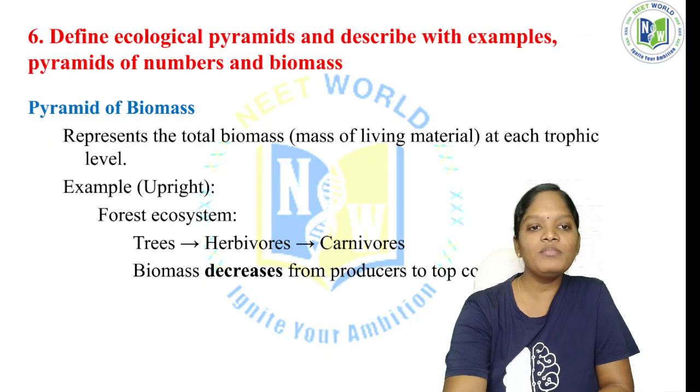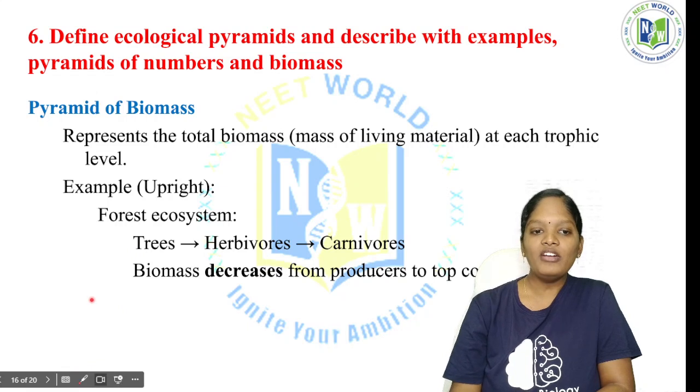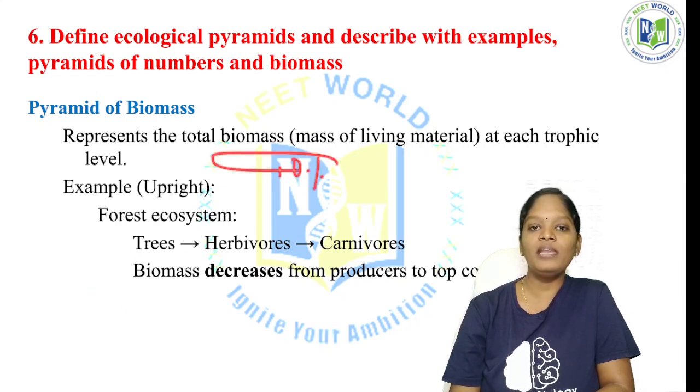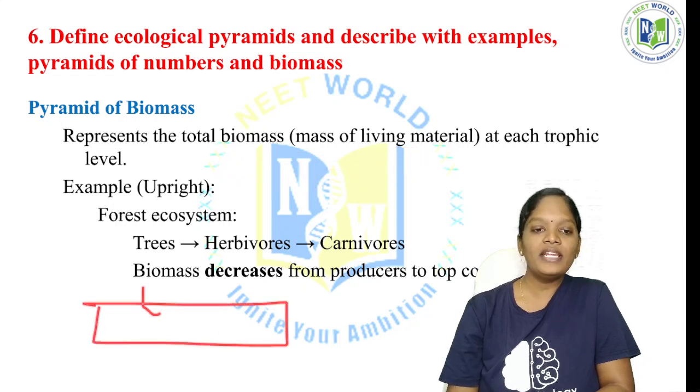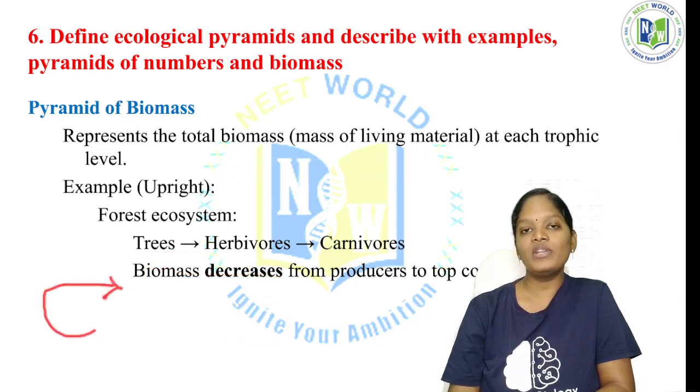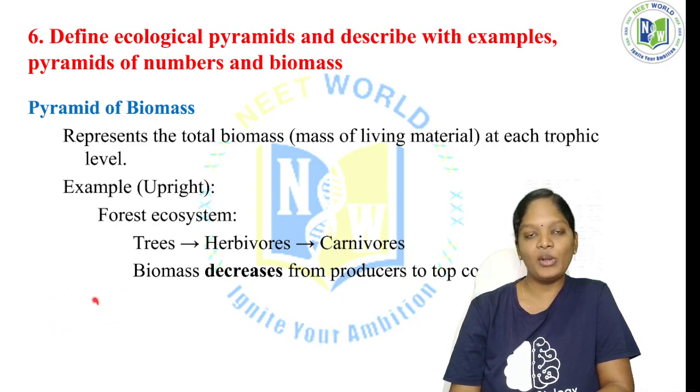Now what is meant by the pyramid of energy? We have studied the 10% rule, Lindeman's rule. Whenever there is a producer, there is a primary consumer and a secondary consumer. When the energy is transferred from the first trophic level to the second trophic level, 10% of the energy will be used by the second trophic level. The remaining 90% of the energy will be lost as heat.